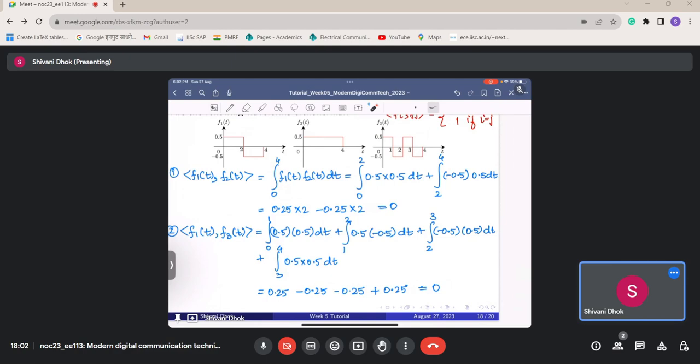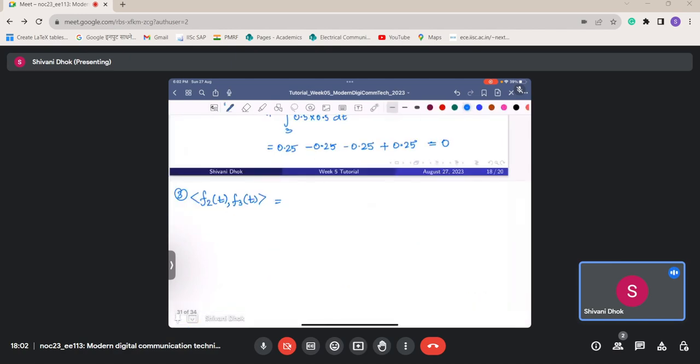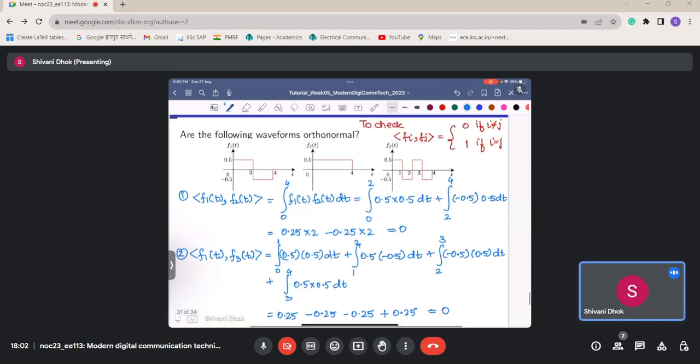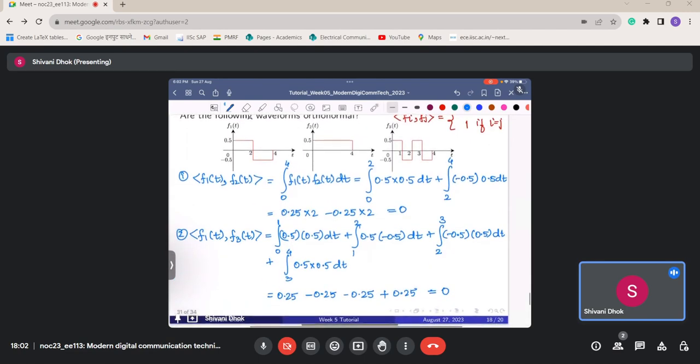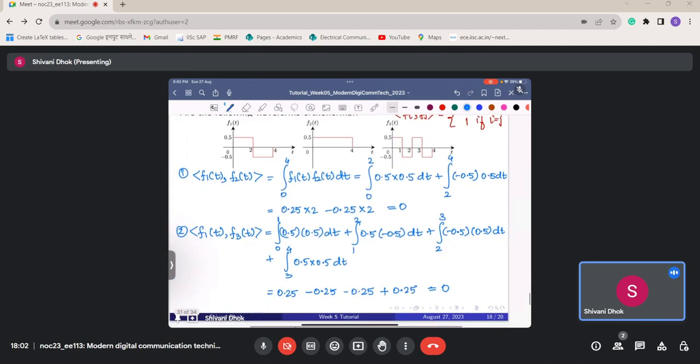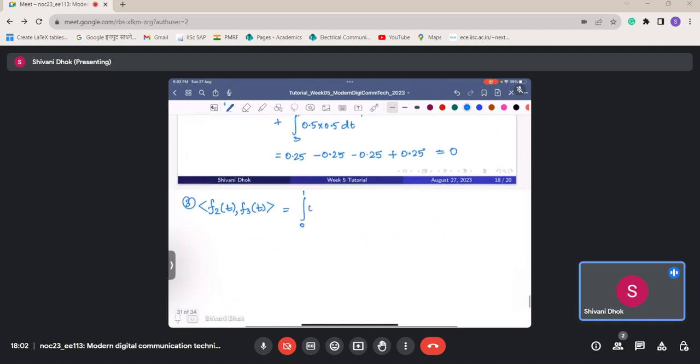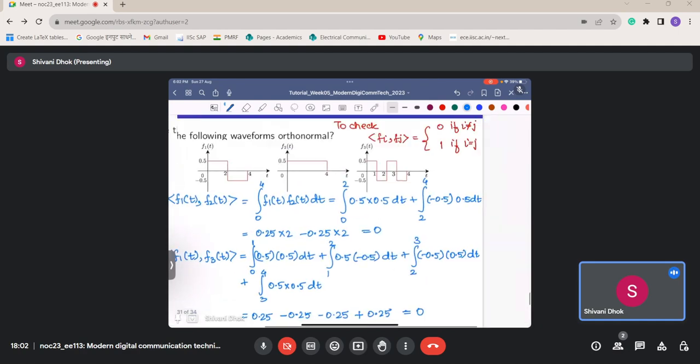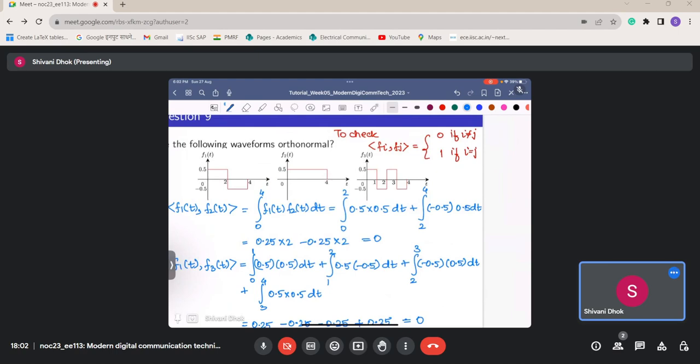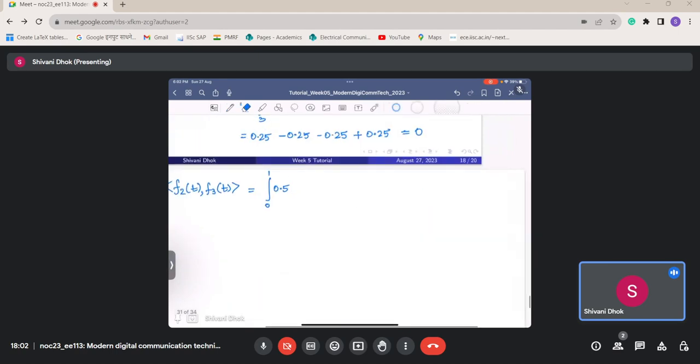So this again will have to be split into 4 integrals, so it will be 0 to 1. Here f2(t) is always 0.5, however f3(t) is changing its value, so for f2(t) it is 0.5 and for this particular interval f3(t) is 0.5, so again it will be multiplied by 0.5 dt, plus the integral 1 to 2, f2(t) is 0.5.